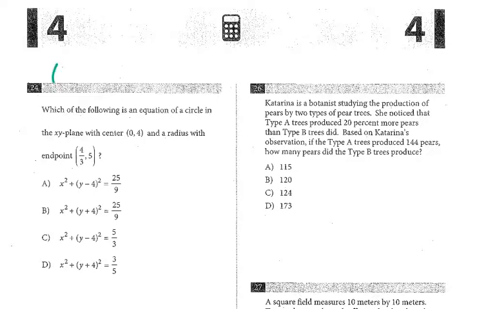We know that will be (x minus h) squared plus (y minus k) squared equal to r squared. According to the given information, we already know h equals 0 and k equals 4.